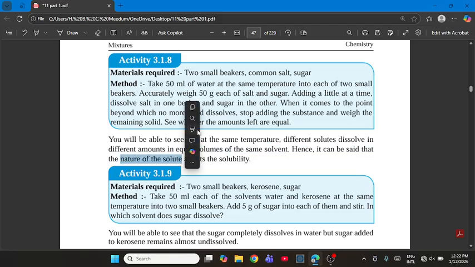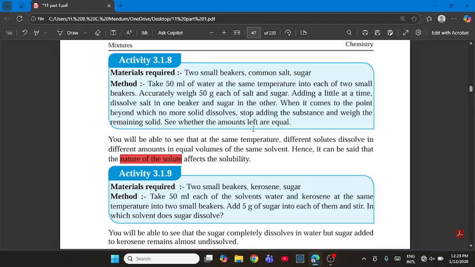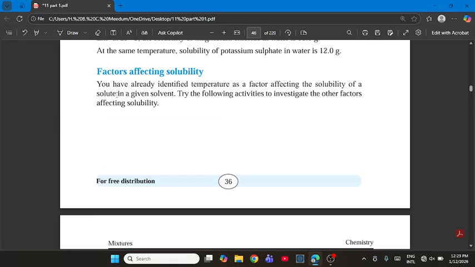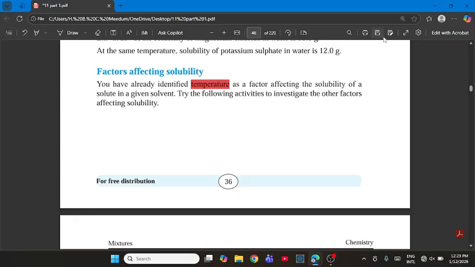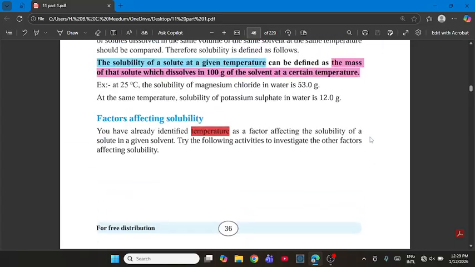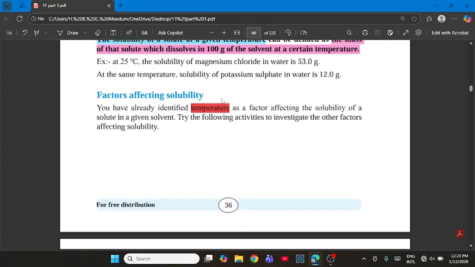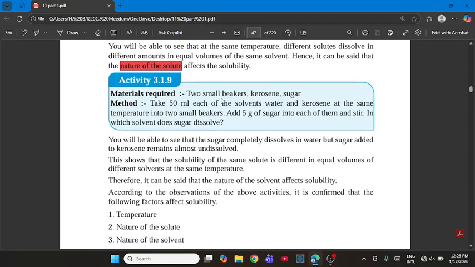This is the first factor. First factor is temperature, and the nature of the solutes. We have discussed two factors affecting the solubility. Next one is activity 3.1.9.